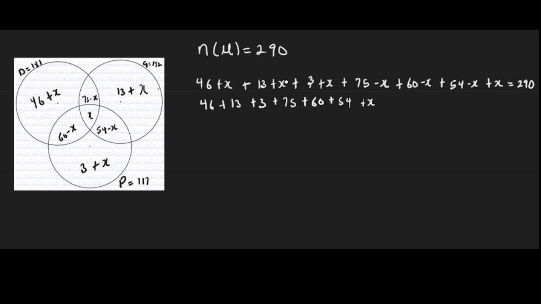plus x plus x plus x, minus x minus x minus x, plus x equals 290.